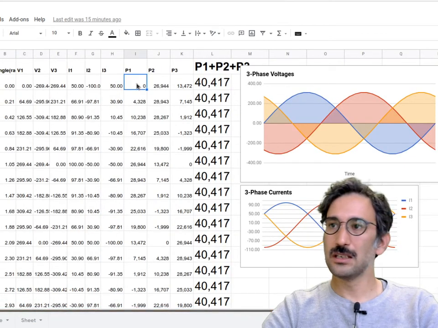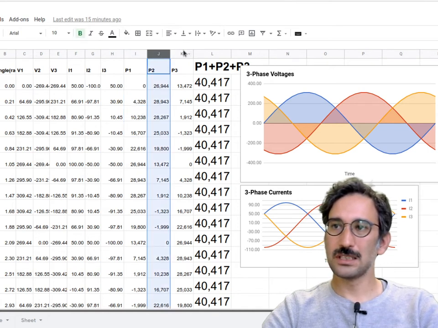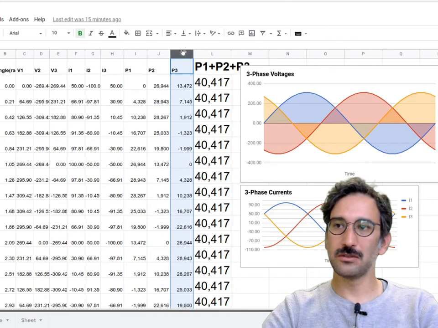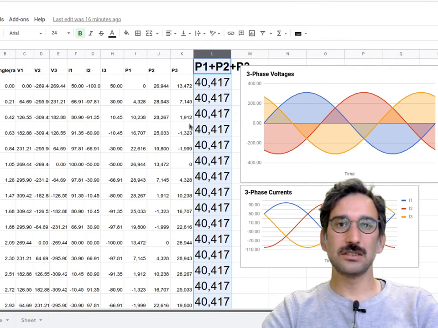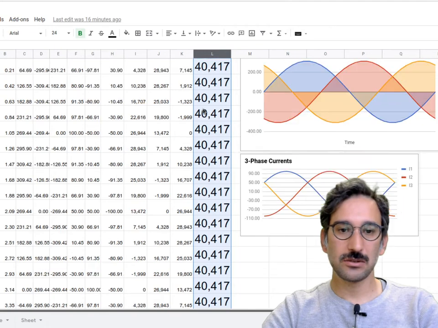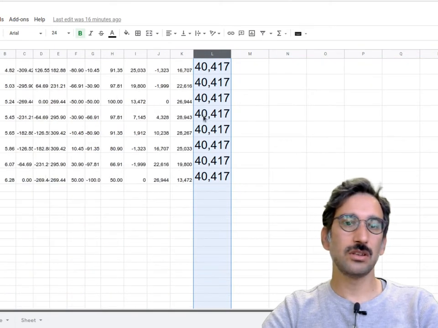This is the power of the first phase, this is the power of the second phase, this is the power of the third phase. In that column, I am just adding up all these 3 phases, and as you can see, it is constant all the way.